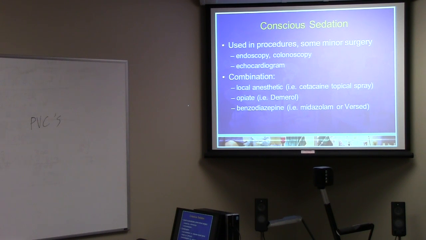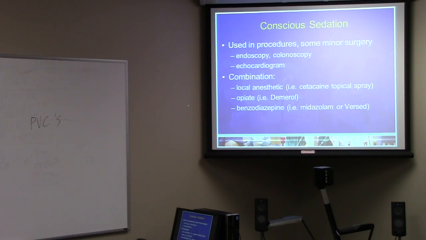Some examples here are endoscopy or colonoscopy. Also you could add on an electrocardiogram, perhaps leading to an angioplasty as well. And again, the patient's going to be awake during the procedure, but they're going to be happy.